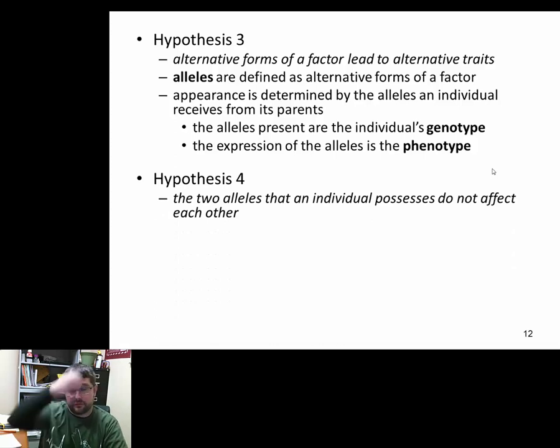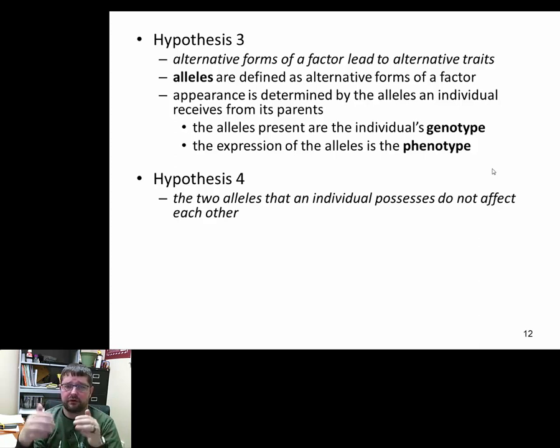His fourth hypothesis was that two alleles do not have an effect on each other. So your chromosome number 1 doesn't have an effect on chromosome number 2. We now know that his hypothesis number 4 is incorrect. Okay?